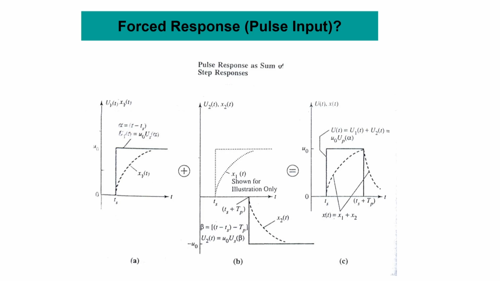If you want to do it for a pulse input, like a simple pulse like this, then you can have several unit steps working one against the other, and because the system is linear, a linear combination of them will give you the final response.